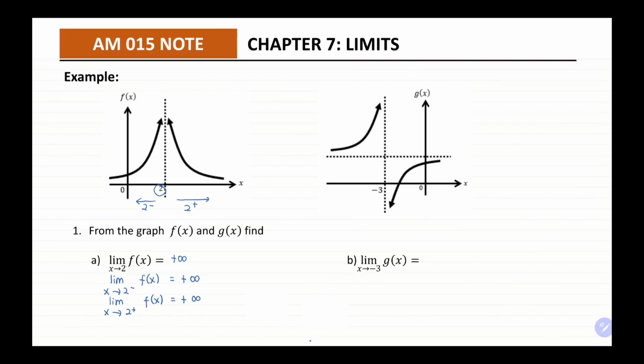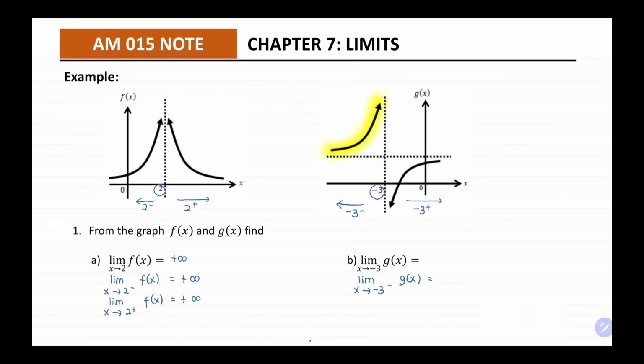1b, limit x approach negative 3 of g(x). Okay, this one is negative 3, and this area is negative 3 from left, and this area is negative 3 from right. Okay, to find limit x approach negative 3, we need to find limit x approach negative 3 from left of g(x). Okay, we look at the graph.